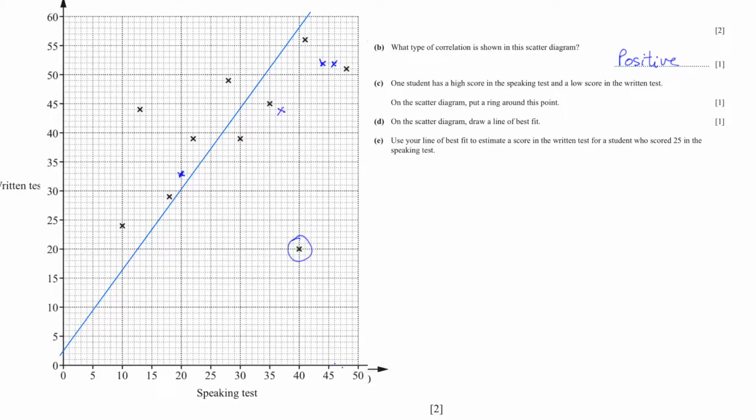The student will have gotten around 37. So 37 is the answer. But if you got any answer between 33 to 42, that will be acceptable.